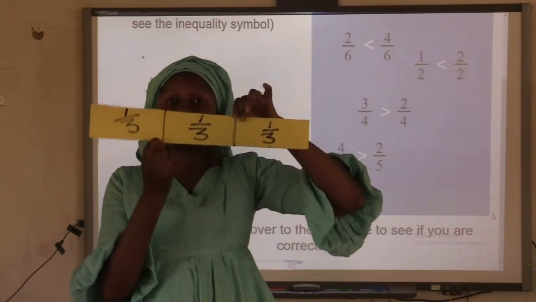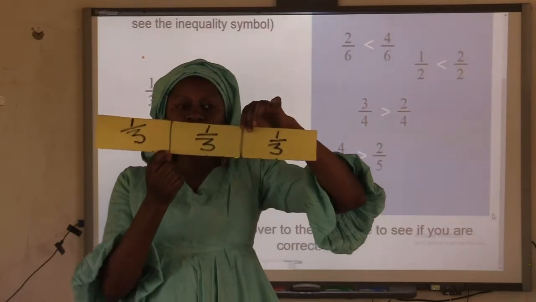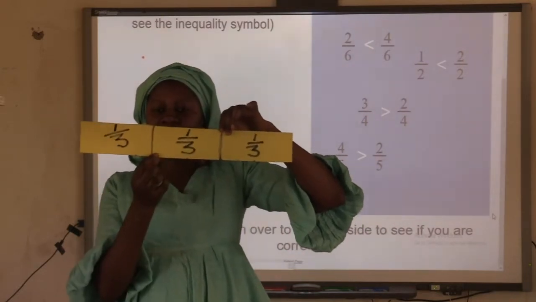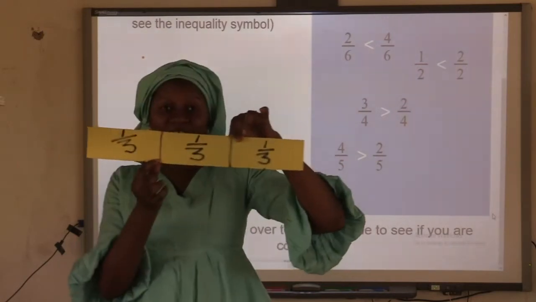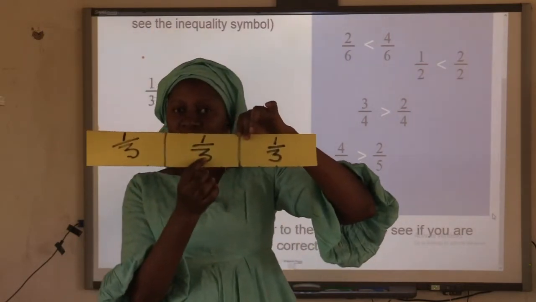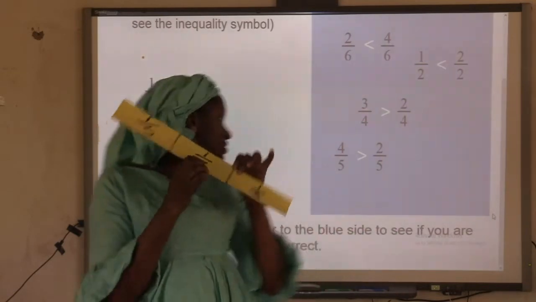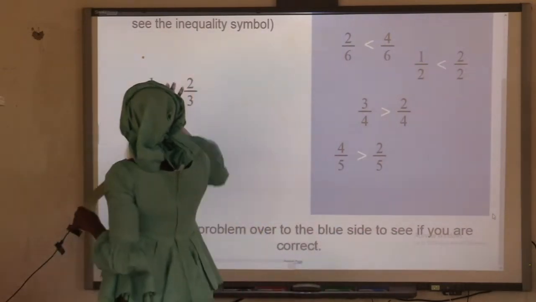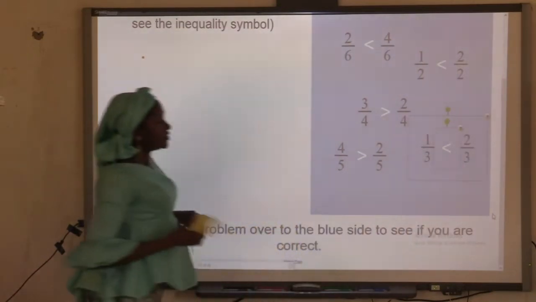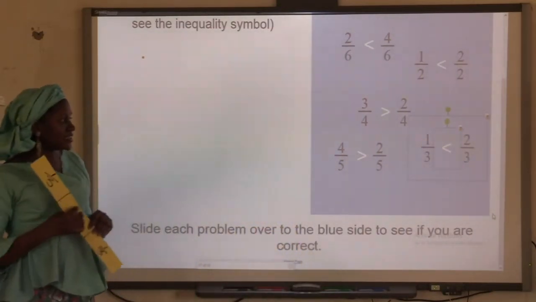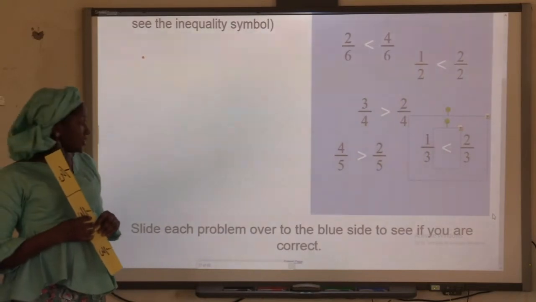And here is 1/3. Which symbol suits it? The question says 1/3 should be less than 2/3. Let's see what our answer will be. Great. 1/3 is less than 2/3.